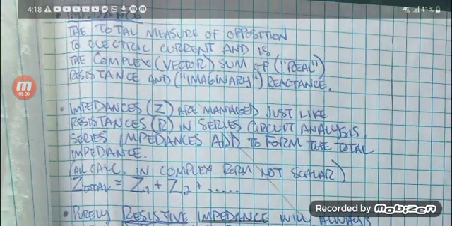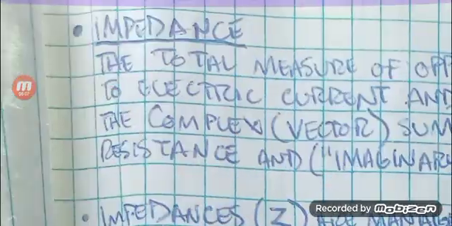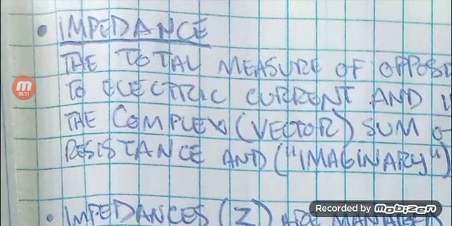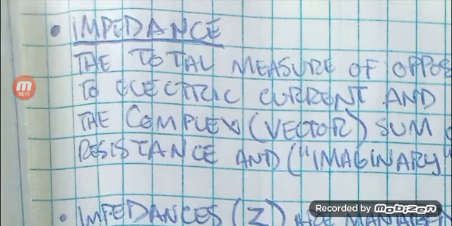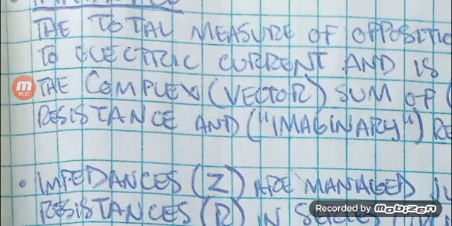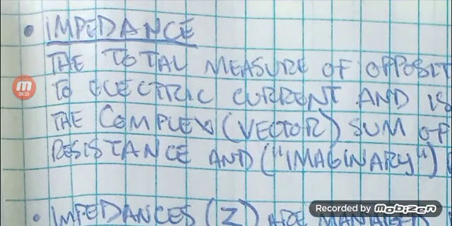This chart, or these notes, describe what is impedance. Impedance: the total measure of opposition to electrical current, and is the complex vector sum of real resistance and imaginary reactance. That's what impedance is.